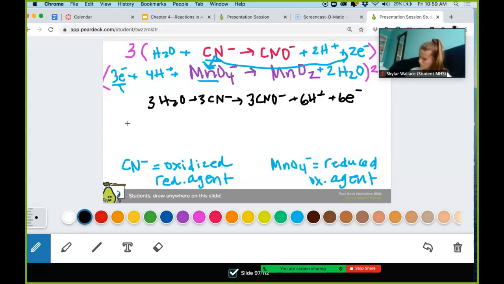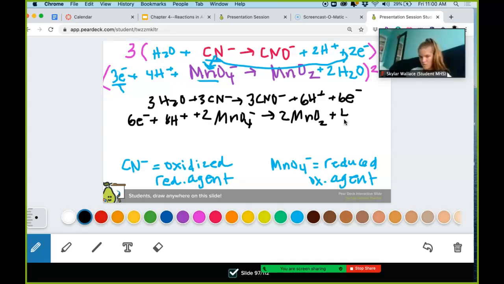So let's see, I have 6 electrons, 8 hydrogen ions, 2 permanganate ions, 2 manganese dioxide, 4 waters.